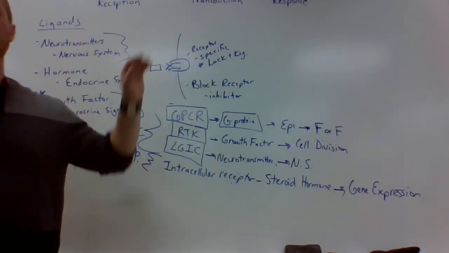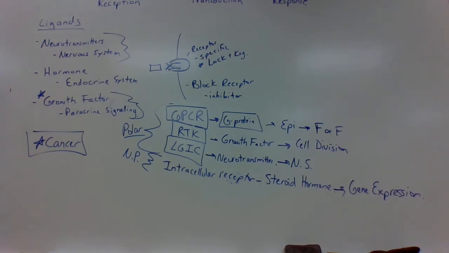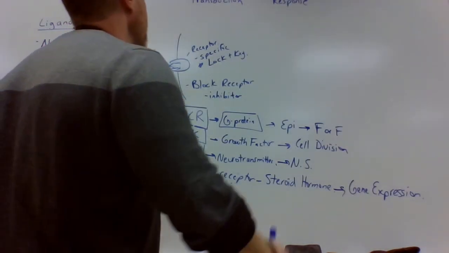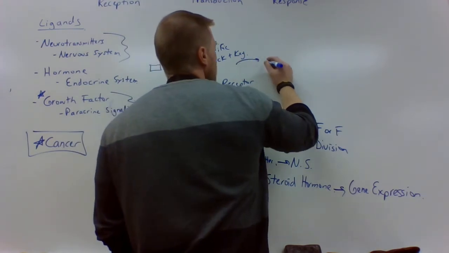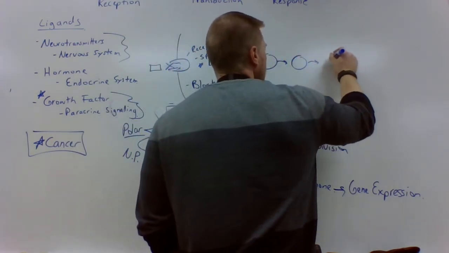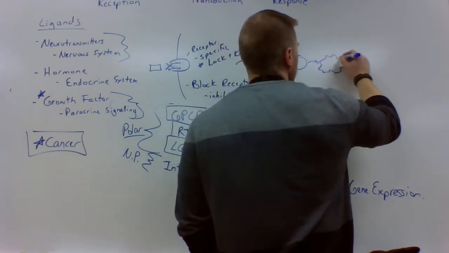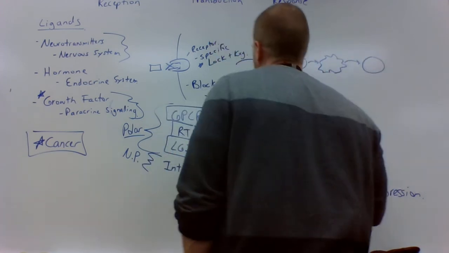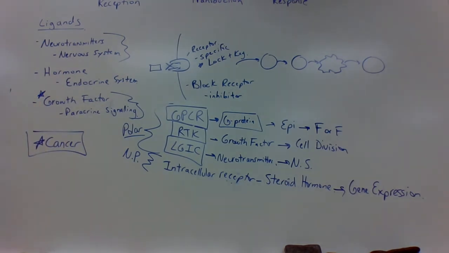Alright. Step number 1, reception. The ligand binds to the receptor. When the ligand binds to the receptor, that is going to initiate step number 2, which is going to be transduction. Transduction is when the message is relayed throughout the cell.